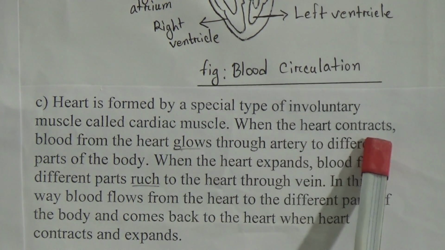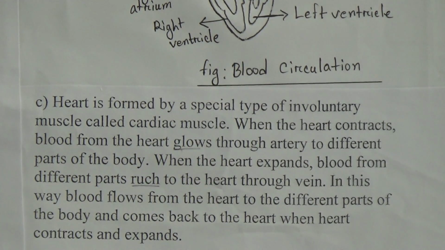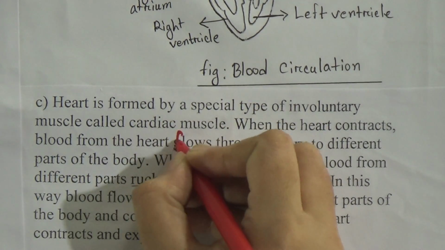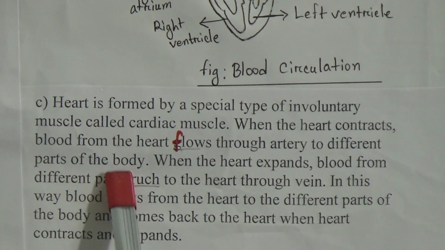When the heart contracts, blood from the heart flows through arteries to different parts of the body.